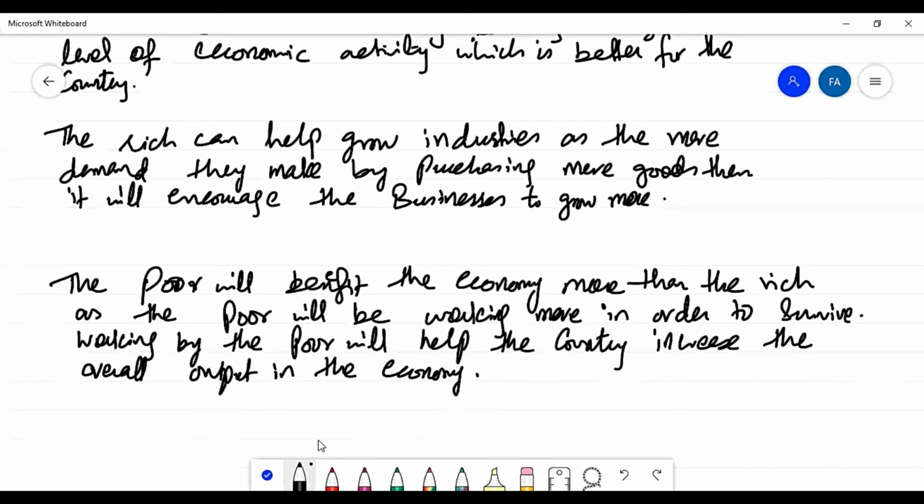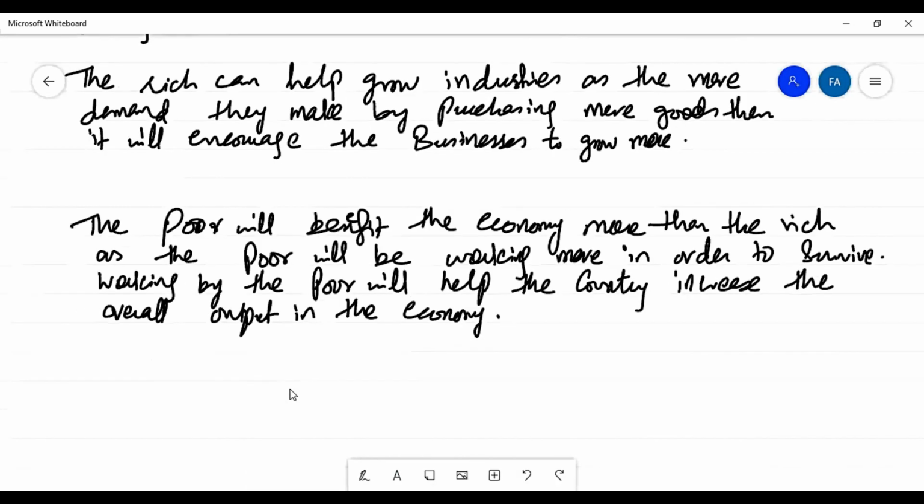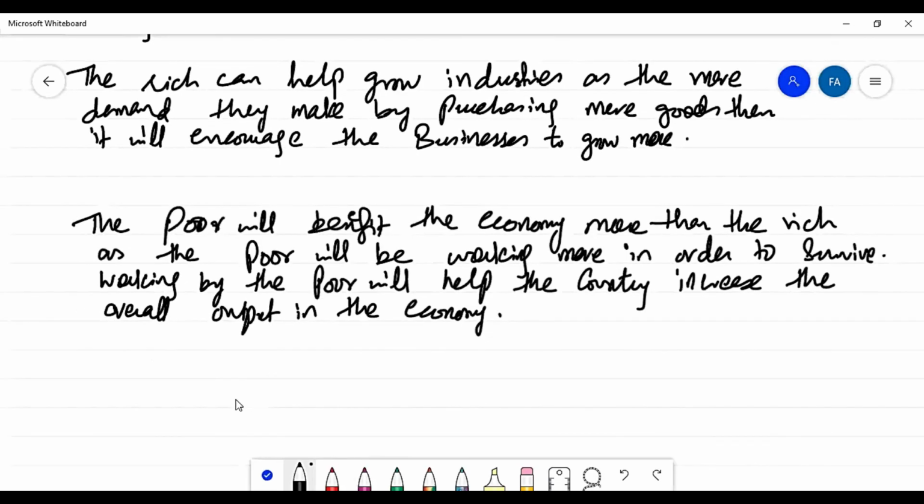Obviously, the poor will have to earn something for their survival, and if they are earning something for their survival, they are helping the country to produce more. Okay, this is the first advantage of the poor helping the country.